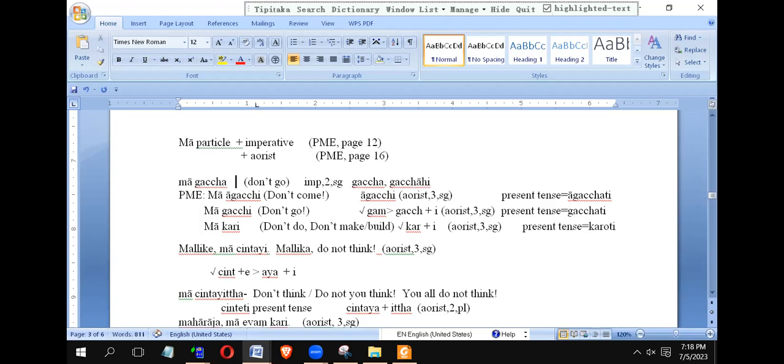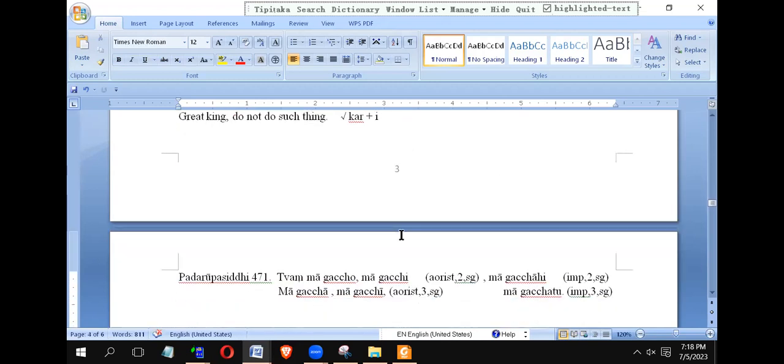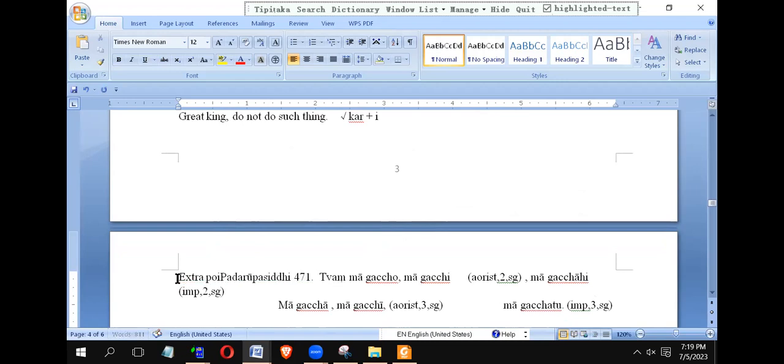Oh, because just now the gaccha was with long a, so I was a bit confused. Yeah, this is a possible grammar shown in a grammar book, because grammar books tend to show more. Sometimes they think something is in the Tipitaka, or that it should be in the Tipitaka. So all these are just extra points. You don't need to focus much on them.